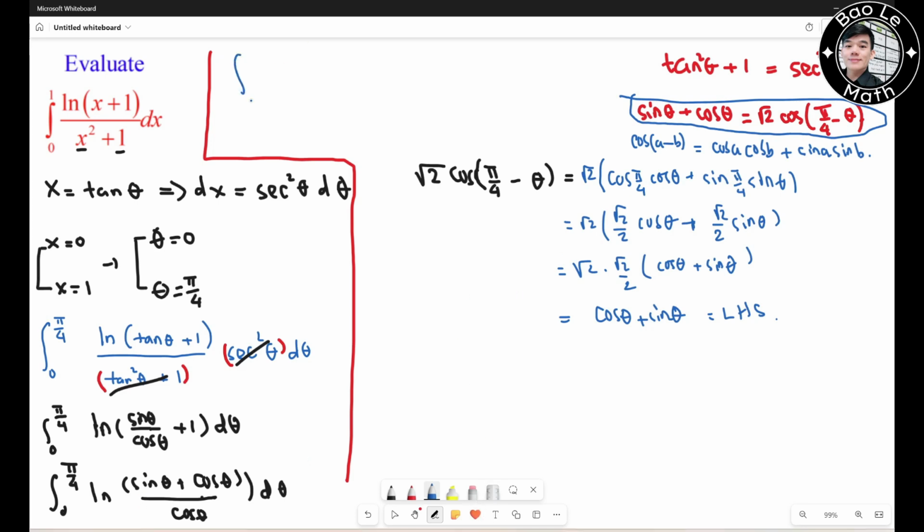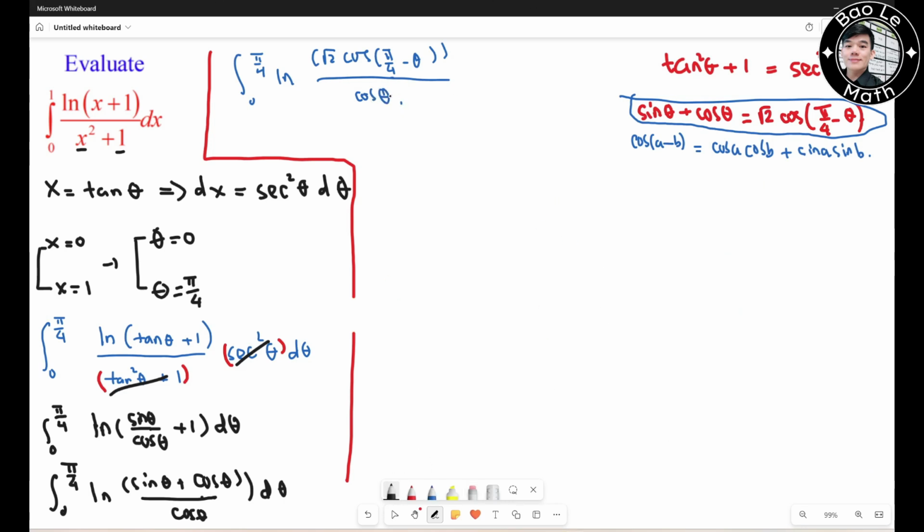I rewrite this one. It's going to be the integral from 0 to pi over 4 of natural log of root 2 cosine (pi over 4 minus theta) over cosine theta. Now next, we need to split this one.